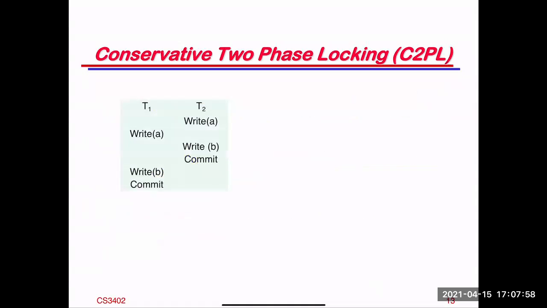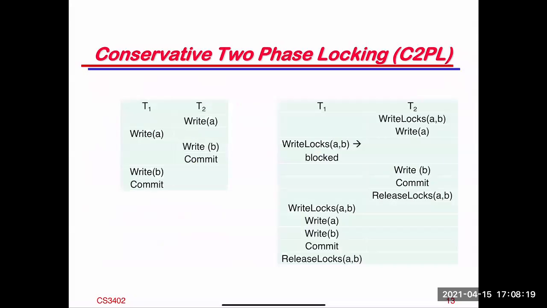All right, so let's look at a concrete example. Let's assume this is our schedule. We have transaction T1 and transaction T2. We have some writes here, and then these transactions commit at some point. Now what is the scheduler going to do with these operations? Well, it needs to insert the corresponding lock operations.